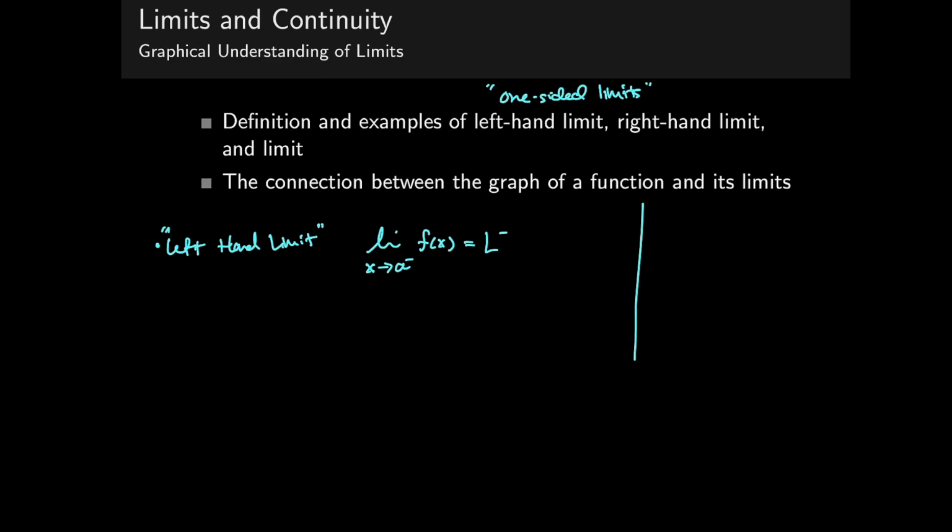And what this means visually, if I'm looking at a graph of a function, let's say it's doing something like this, and we've got some point A that we care about: when we say approaching A from the left, that means taking x values along the x-axis approaching A from the left and seeing what happens in response in the function f, so in our output.